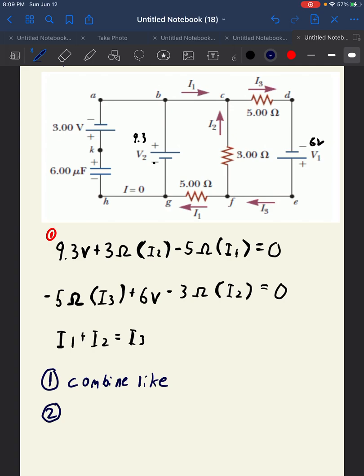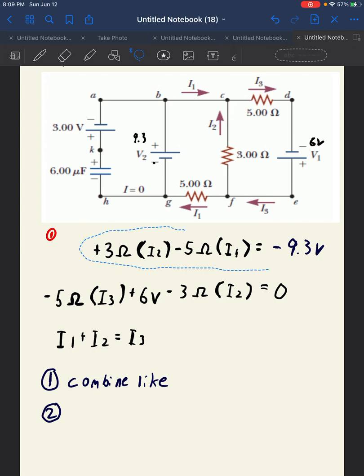For the first part, we will subtract 9.3 volts over to the other side. That will give us negative 9.3 volts on the right side, since we got rid of it on the left side. That will then give us this.